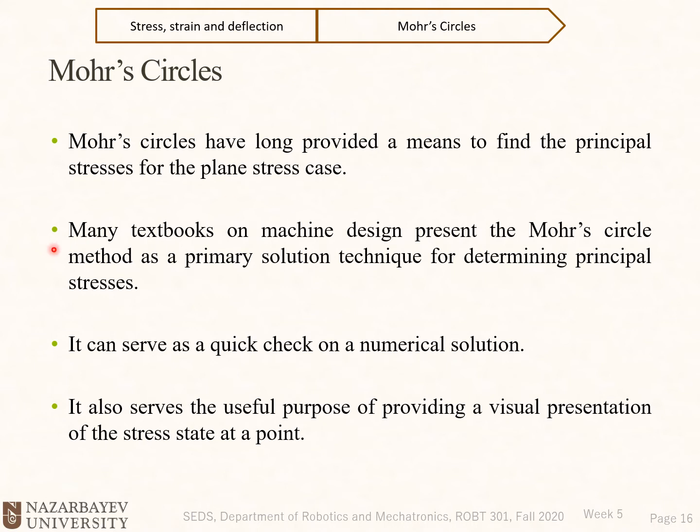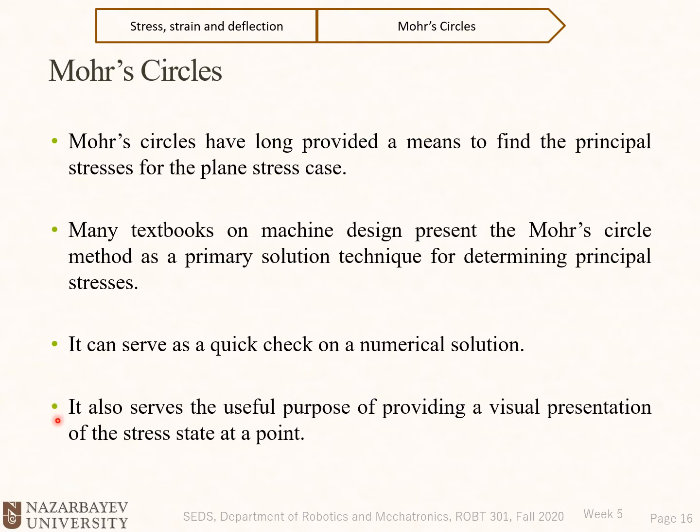Many textbooks on machine design present the Mohr's circle method as a primary solution technique for determining principal stresses. Anyway, they are the same as those functions. So Mohr's circle will give us the same equations and same numbers. It can serve as a quick check on a numerical solution.